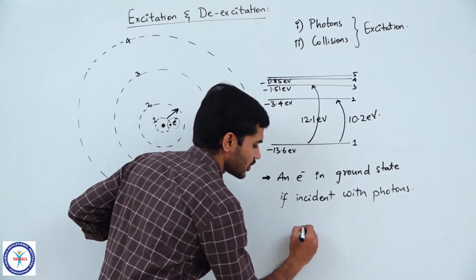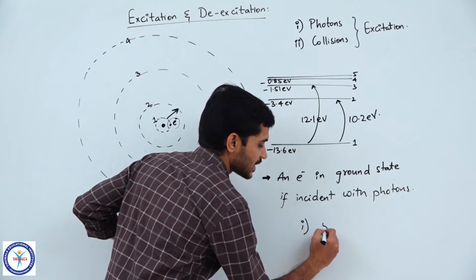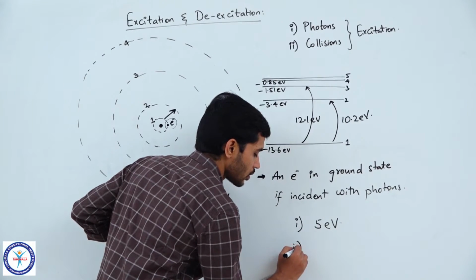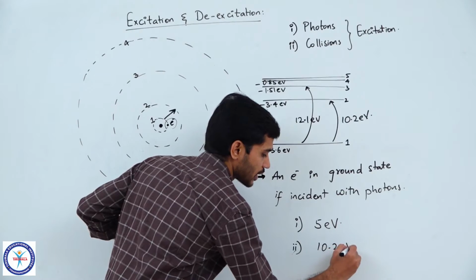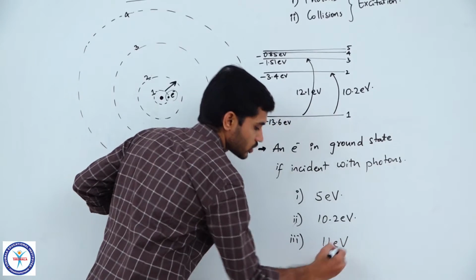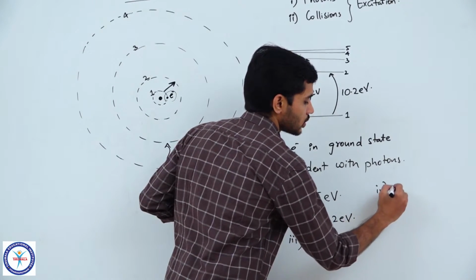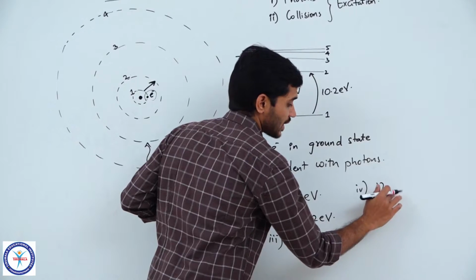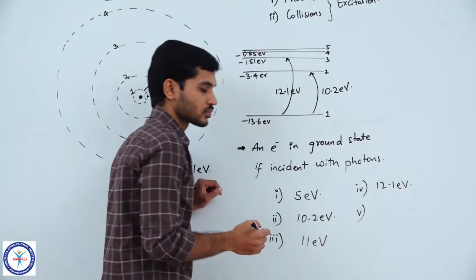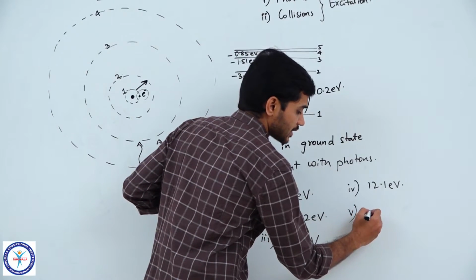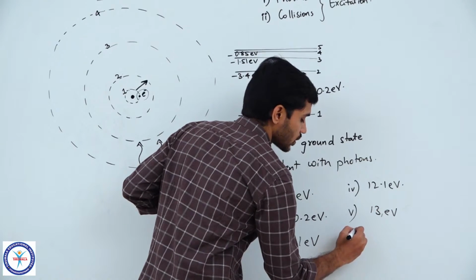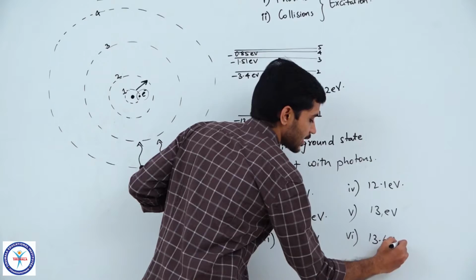So, let us say the first photon has an energy of 5 electron volts, second photon has an energy of 10.2 electron volts, third photon has an energy of 11 electron volts, and fourth 12, or 12.1 let us say, and the next one let us say is some 13 electron volts, and the next one is 13.6 electron volts.